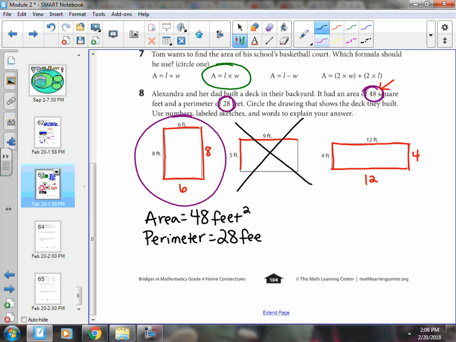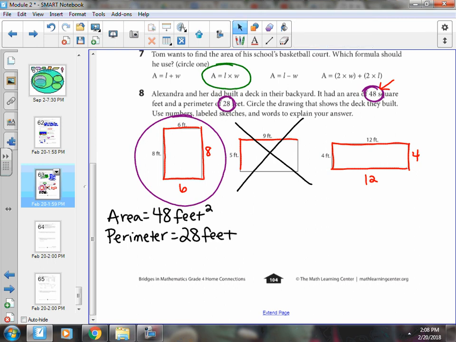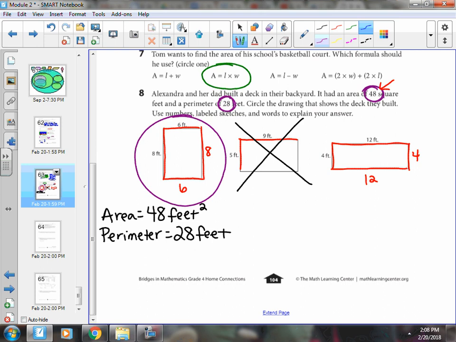Remember, just plain perimeter. And for the middle one, the area was 45 square feet. That's why we got rid of it. And I didn't even figure out the perimeter because I knew it couldn't be right. But what would the perimeter be? 9 plus 5 is 14, plus another 14, is 28.